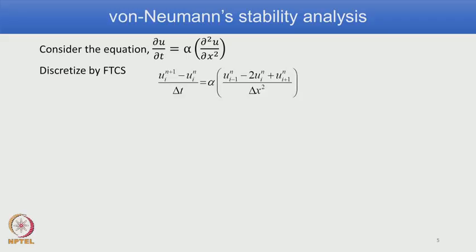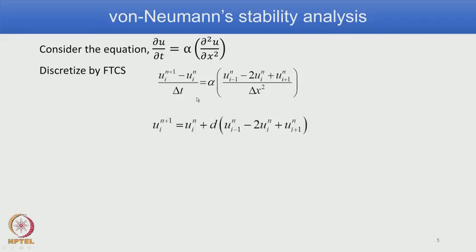If you write this down, forward in time: u of i, n plus 1 minus u of i, n, by delta t, equal to alpha times u of i minus 1, n, and so on. This term is central in space because it takes the point of interest i and one node on either side, i plus 1 and i minus 1, and this is evaluated at the n time level. It is central in space and this is forward in time.